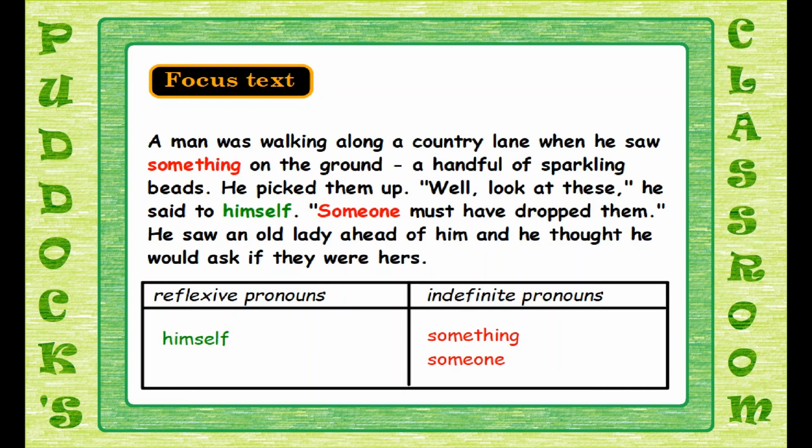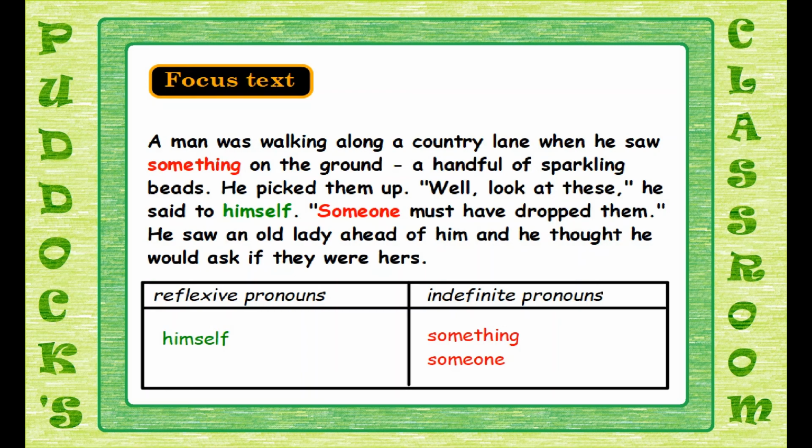Now, in the next few words, it does tell us what that something is, but it doesn't matter. If it comes after, it's still an indefinite pronoun. So, a man was walking along a country lane when he saw something, we don't know what it is yet, on the ground. A handful of sparkling beads. It tells us now, but it doesn't matter. It's still an indefinite pronoun.